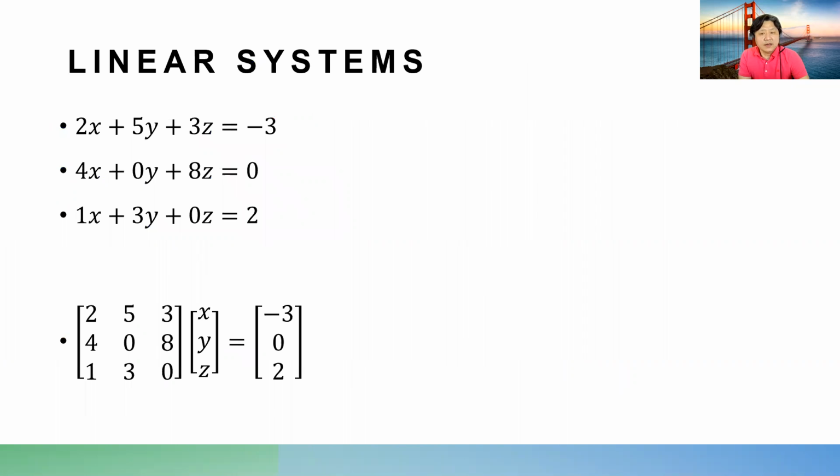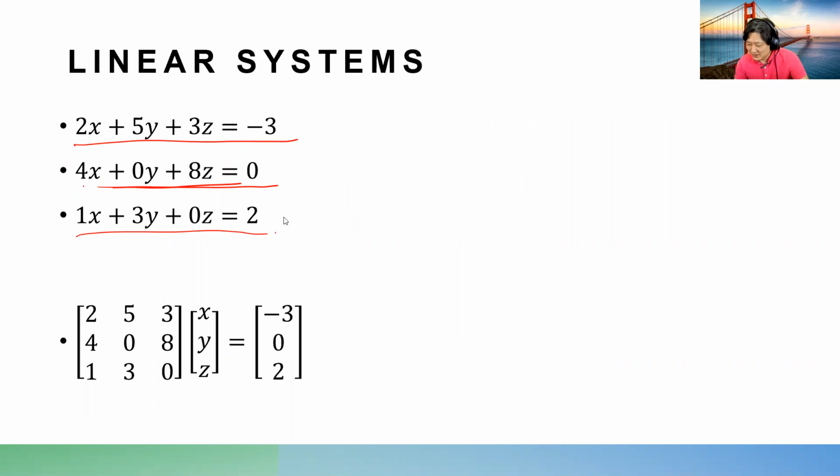Right now, linear systems: any linear relationships can be expressed in matrix format. So for example, this is a linear function in X, Y, Z, and this is another linear function, right?